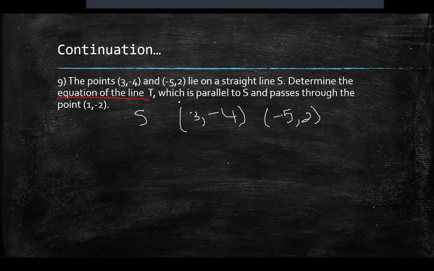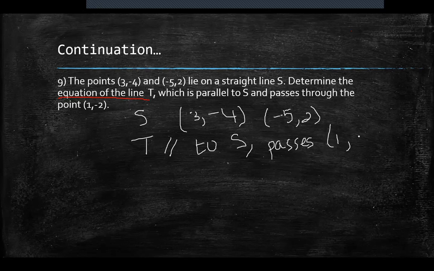They also told us that line T is parallel to S, and it passes through point (1, -2). If S and T are parallel to each other, then I know that their gradients will be equal. So we name the gradient of T M2, and the gradient of S would be M1.